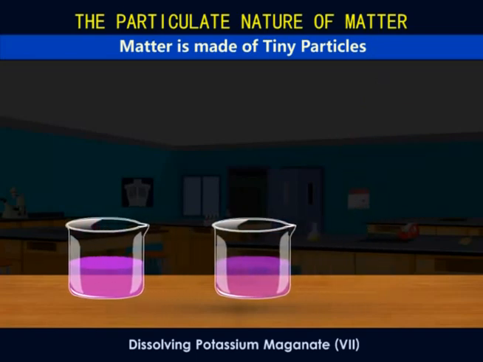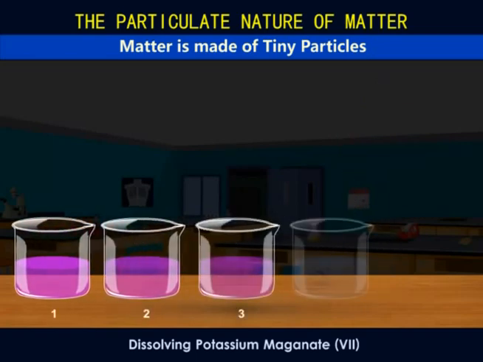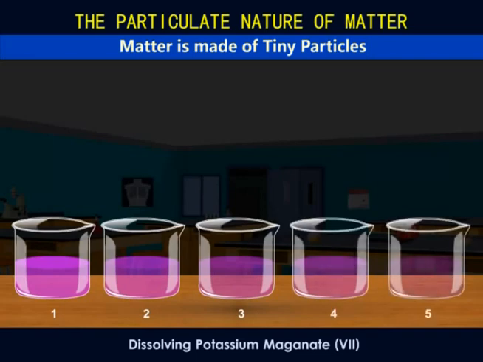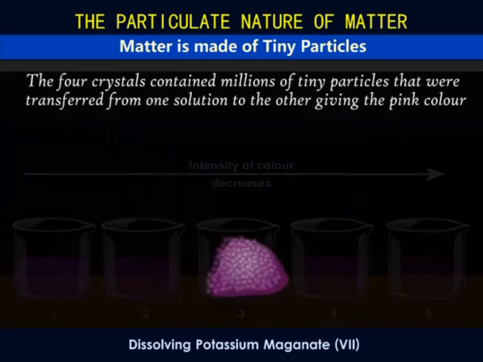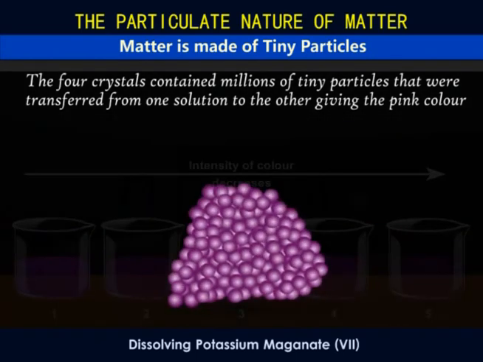We do the successive dilutions 3 more times. You will see that the intensity of the color gradually decreases with each dilution. And this indicates that the 4 crystals contained millions of tiny particles that can be transferred from one solution to another, giving the water the pink color.